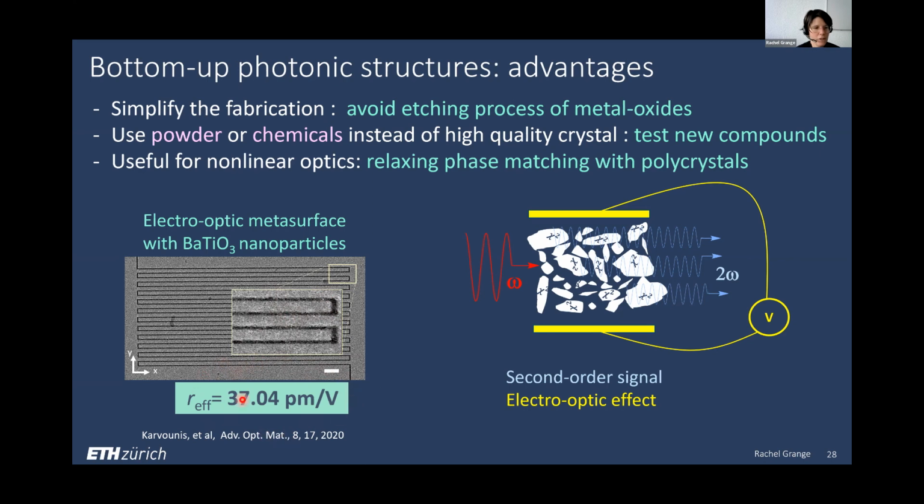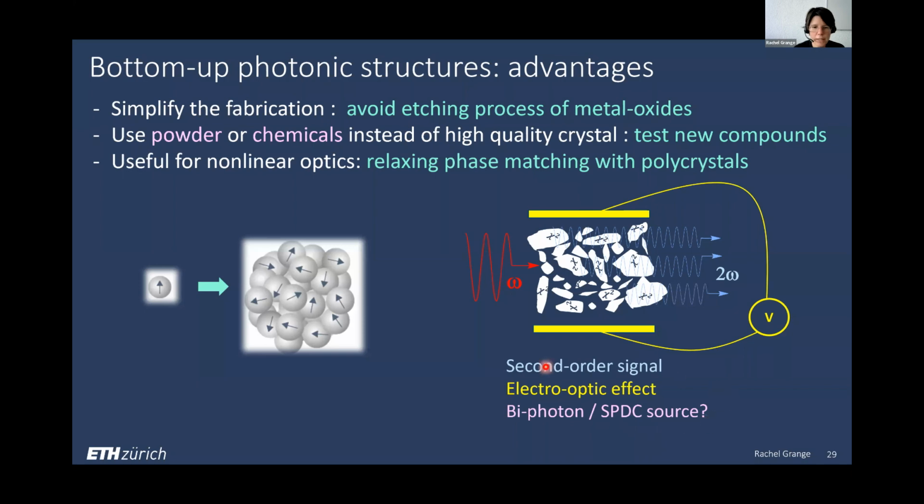We estimated the effective coefficient of the tensor, as I was showing you before, and this was about 30 picometers per volt, which is comparable to the electro-optic response of bulk material such as lithium niobate, even though the material is now scrambled into an effective medium because the particles are just spread out onto this structure. So there is a second order effect, and there is an electro-optic effect.